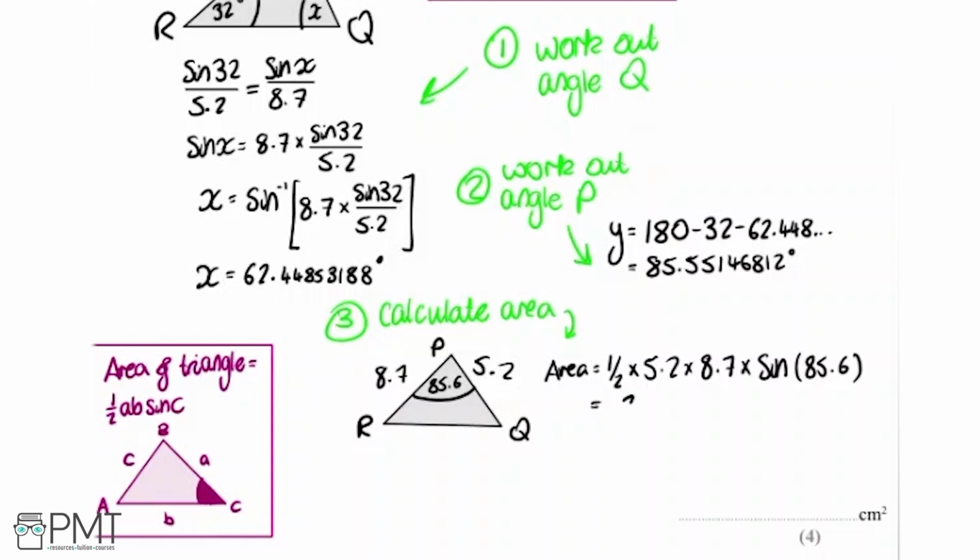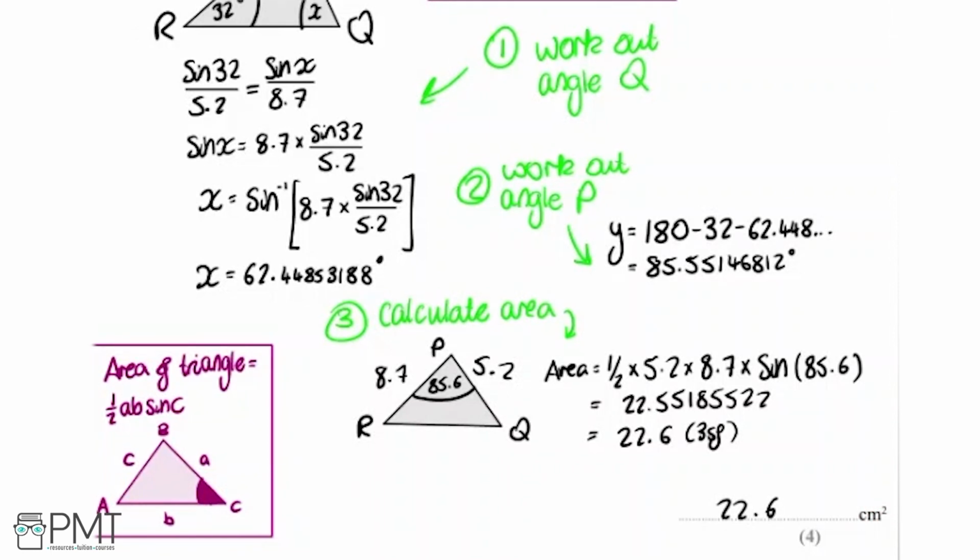So doing that, we get 22.55185522. And if I do that to 3 significant figures, that's 22.6 to 3 significant figures. So that's the answer to the question, 22.6. We need to remember centimetres squared.